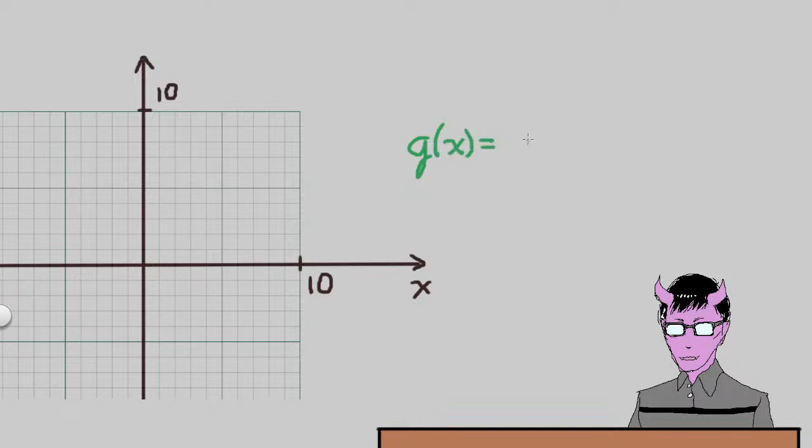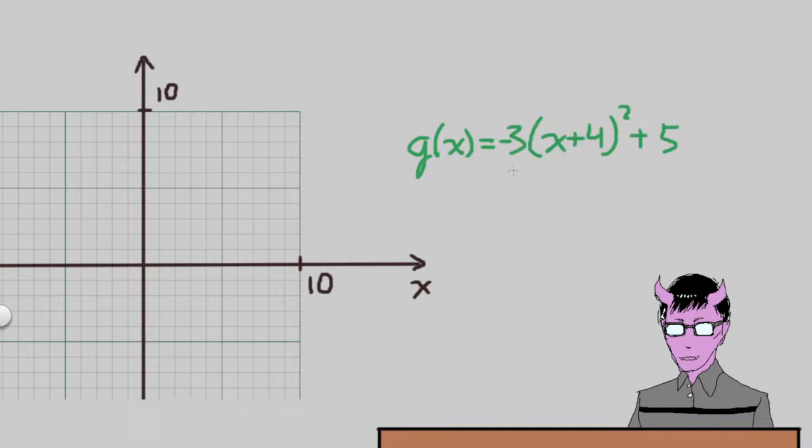So we have g of x is equal to 3 times quantity x plus 4 inside the parenthetical, squared, plus 5, and then we'll put a minus up in front. Sounds simple enough.